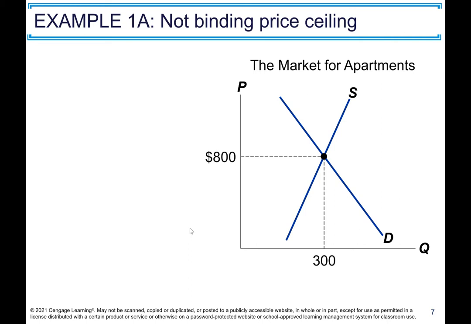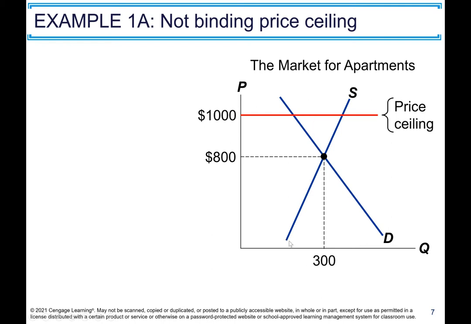So let's look at the effects of a non-binding price control. When the price ceiling is set above equilibrium, in this example, if we set a price ceiling of 1,000 and the equilibrium rent is 800, then this is an example of a non-binding price ceiling.